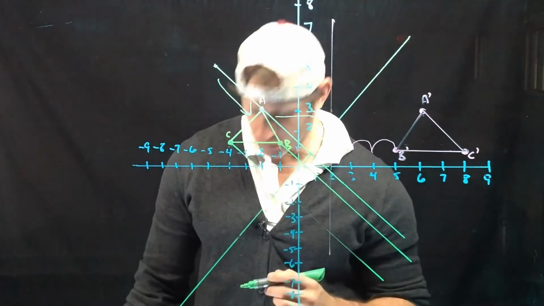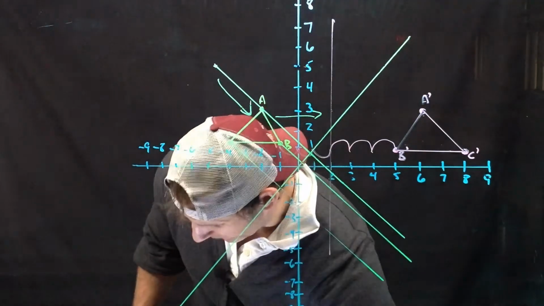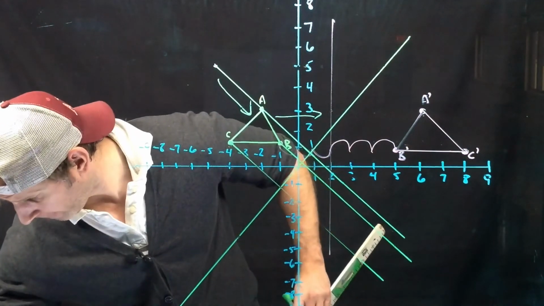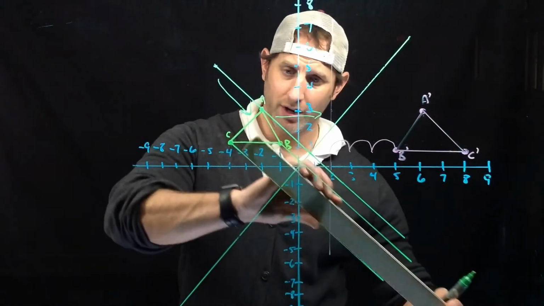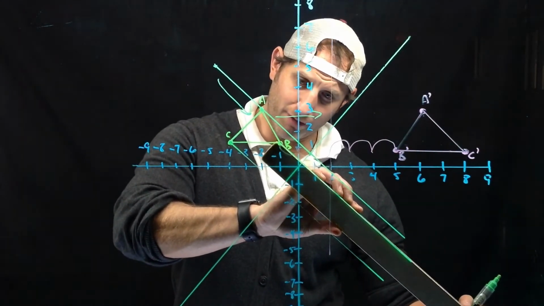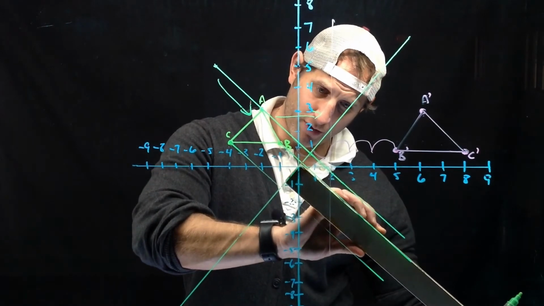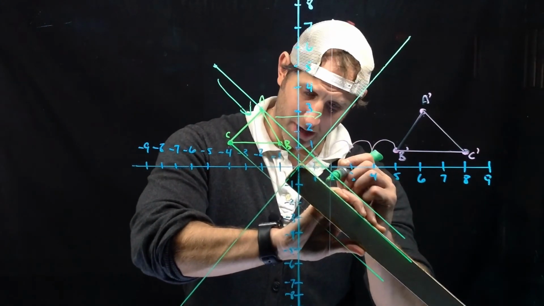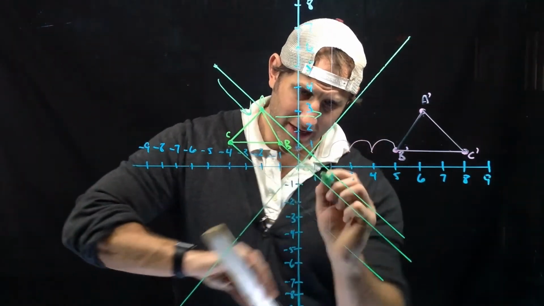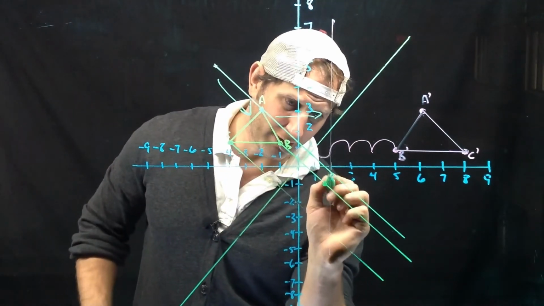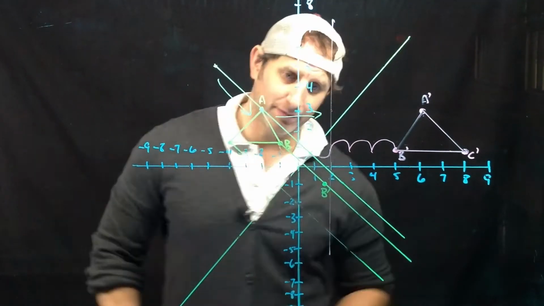I guess another way you could do it would be to measure the distance. So if I took my ruler and measured to here, I'm about 5 centimeters away. So therefore, I'm going to be about 5 centimeters away from here as well. B is going to reflect to there.